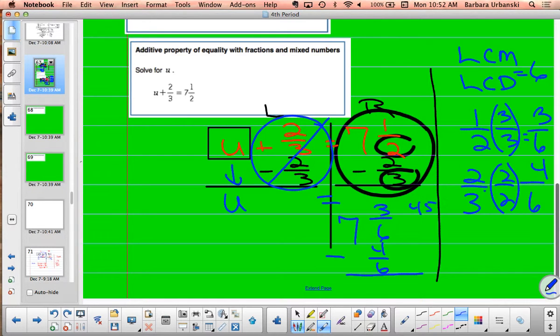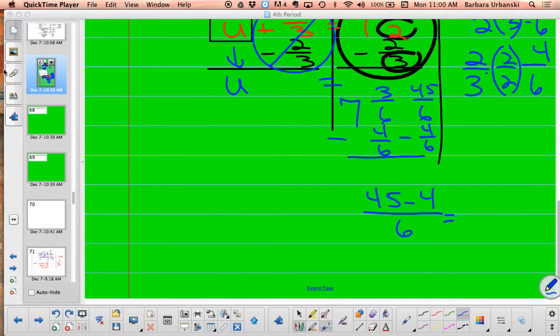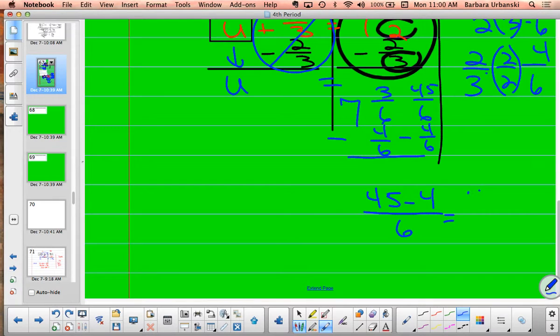We'd have 45/6. We are subtracting then 4/6. And if we take a look, that would be like saying 45 minus 4 all over 6. And we would get, which is going to give us a difference of 41/6.